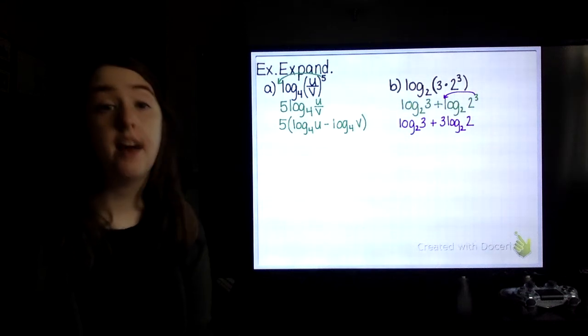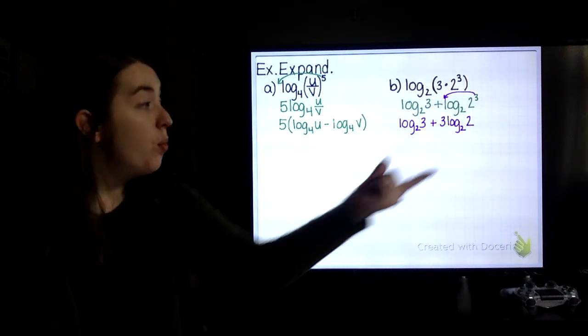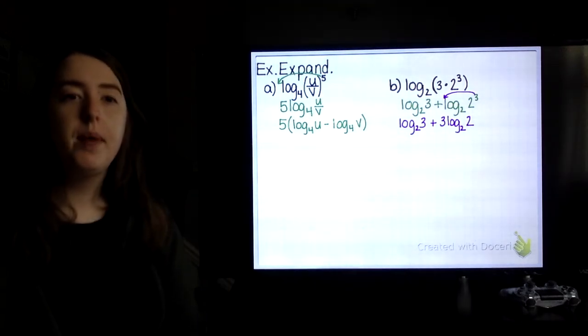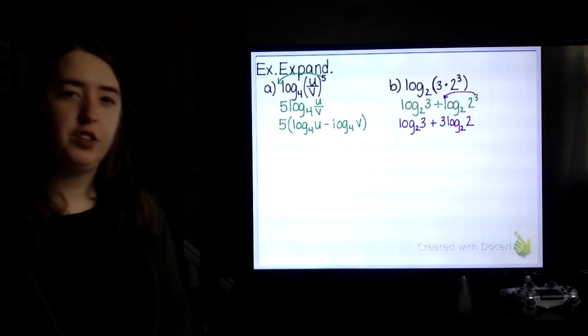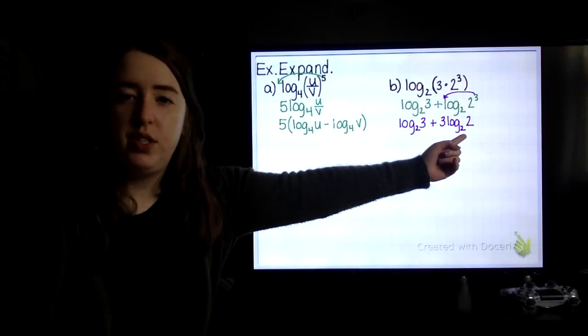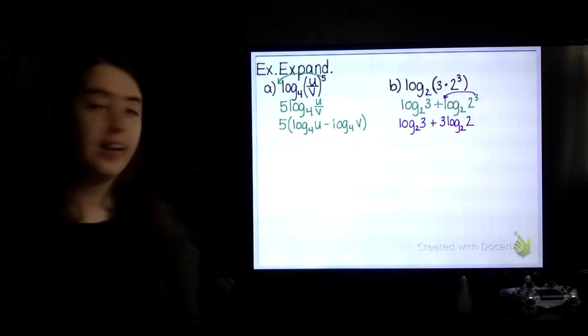So we could stop there, but I wanted to have a conversation with you real quick about what is log base 2 of 2. So remember, if we were to write this in exponential form, this would be saying 2 to what power is 2? Well, 2 to the first power is 2, right?